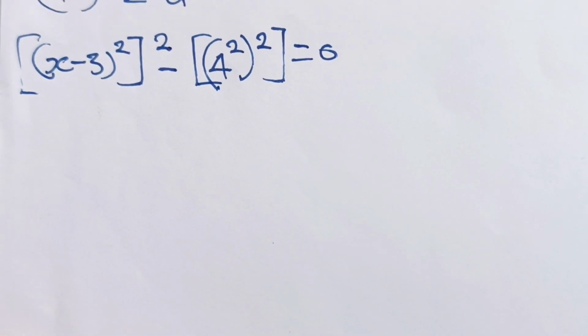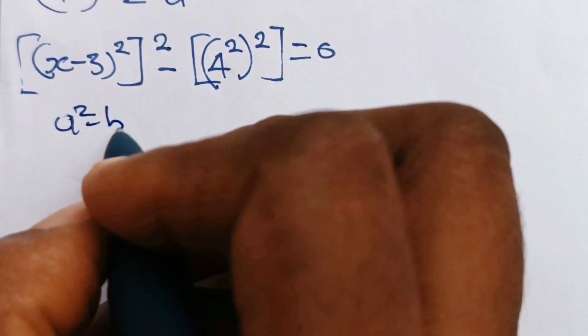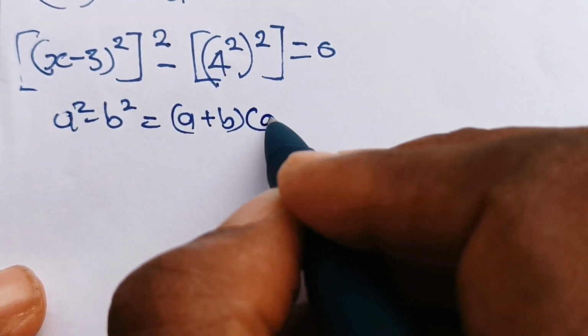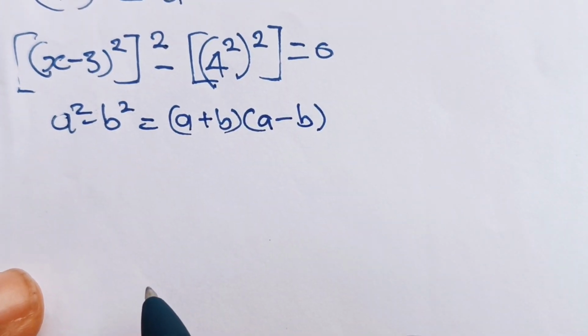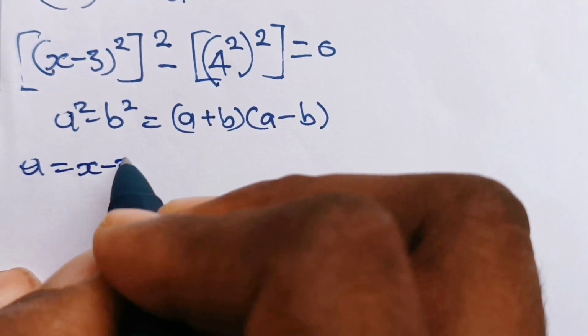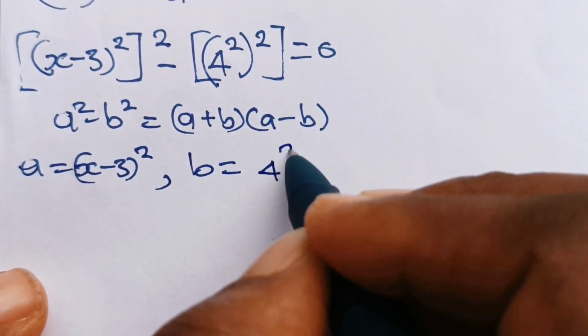Now, recall the difference of two squares. Yes, it says that a² − b² is equal to (a + b) multiplied by (a − b). All right. Now, in this case, our a is equal to (x − 3)² and our b is equal to 4².